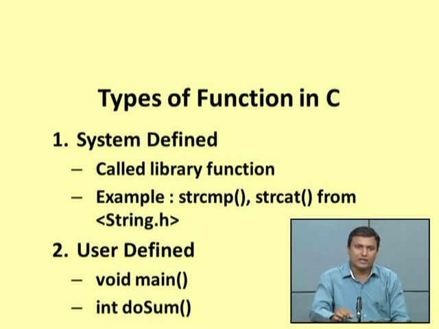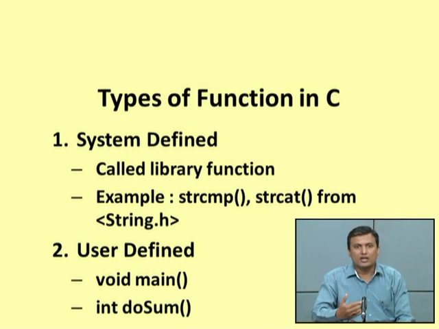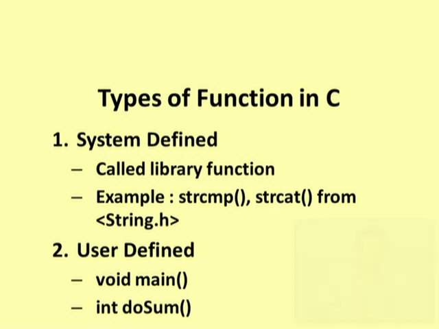Header files are available with the compiler, and we have to include that library routine, and then we can call the function. For example, strcmp or strcat, to compare the string or to concatenate the string, we have a utility, but that utility is available with a header file that is called string.h. This means if I want to use the functionality string compare or string concatenation, I have to include the string.h file. So my C program contains a line that is #include string.h. Clear with the system defined function?